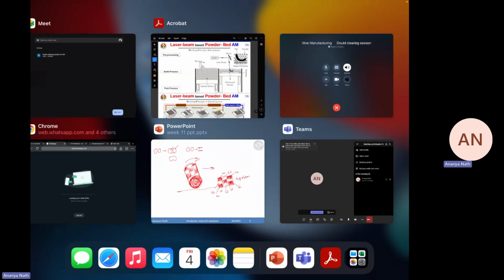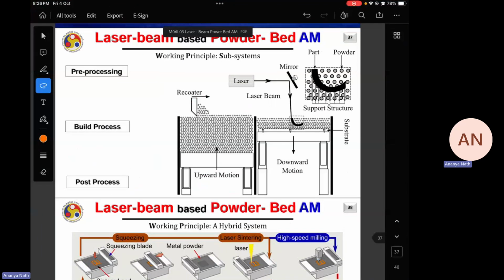Then you go for cutting and then polishing and see what the microstructure is, and then you go for the post processing that you want to do.